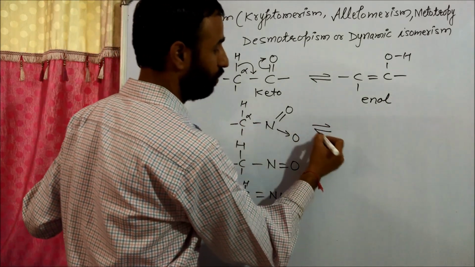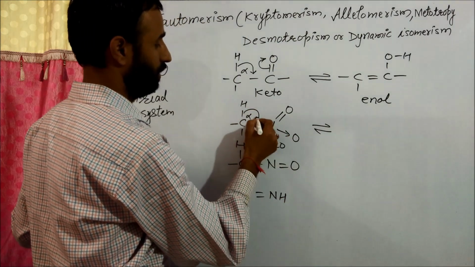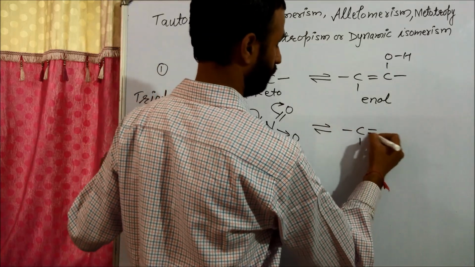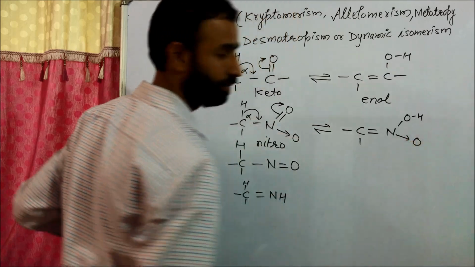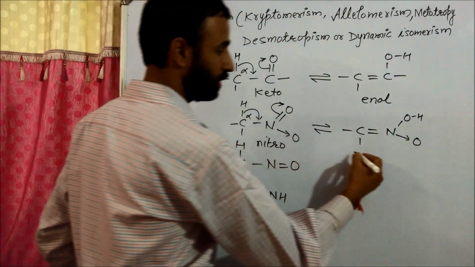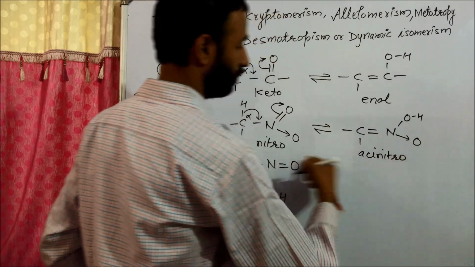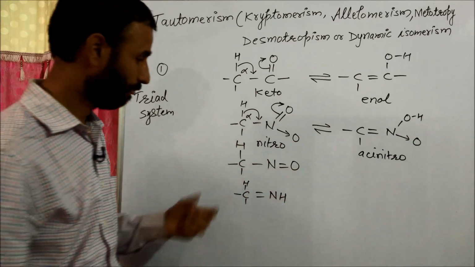This one is the nitro group. So this is nitro. Again it shifts like this, so it becomes this, which is nitro, and this is called aci-nitro. So this is nitro, aci-nitro tautomerism.